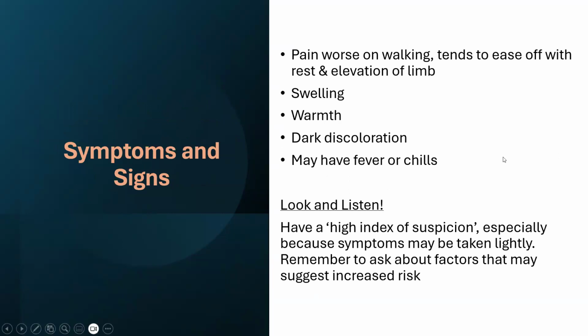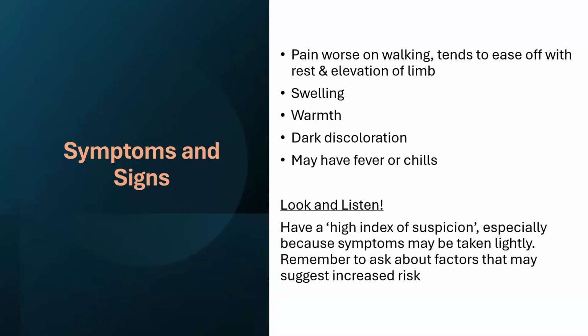Symptoms and signs: worse on walking, tends to ease off with rest and elevation of the limbs, swelling, warmth, dark discoloration, that seems to be quite a feature. And then somebody may develop fevers and chills.